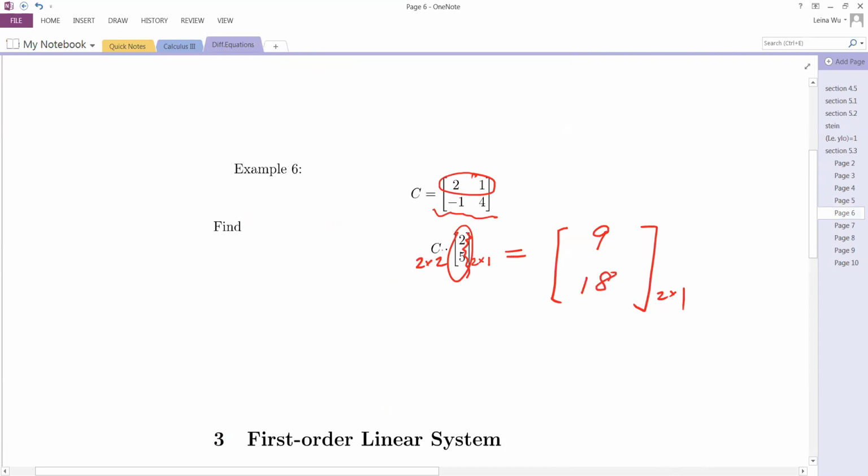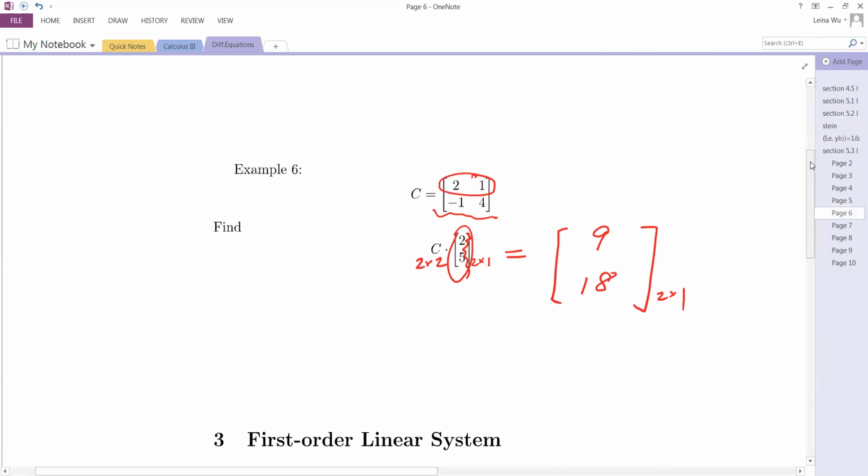Right? So the matrix multiplied by a column vector, you get 9, 18 vector. Is that good? Yeah, good. Great.